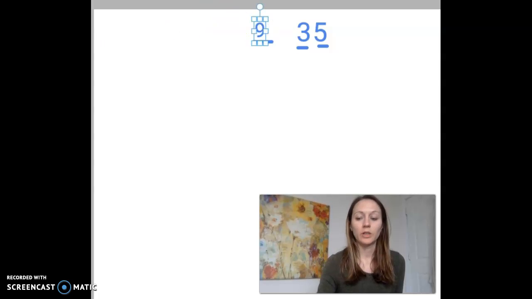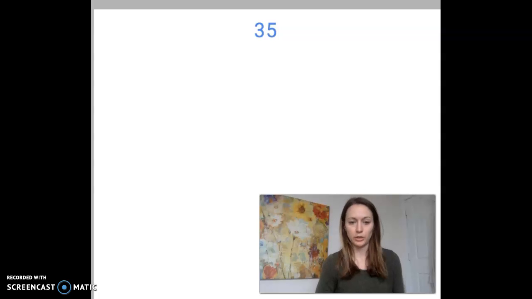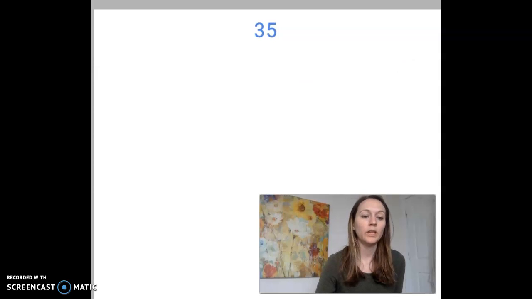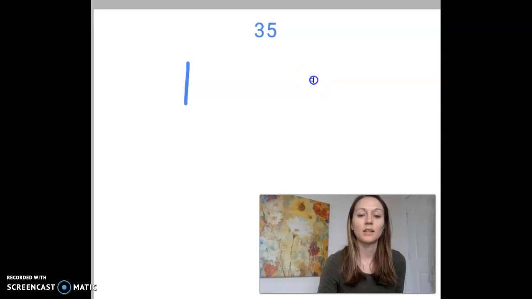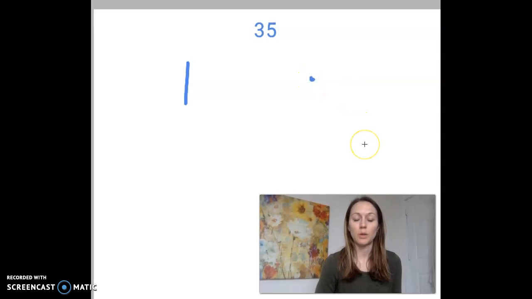So today we're going to work on drawing 2-digit numbers. Now, how can we draw 2-digit numbers? Well, we can use a line like so to represent a 10. We can use dots like this to represent a 1.